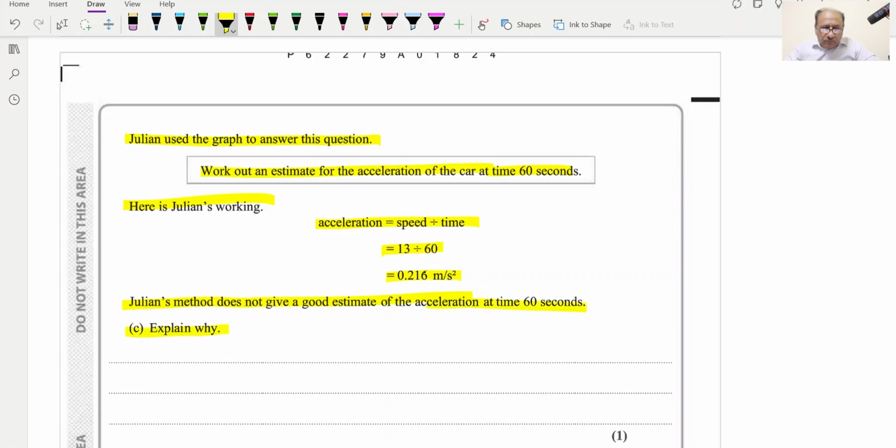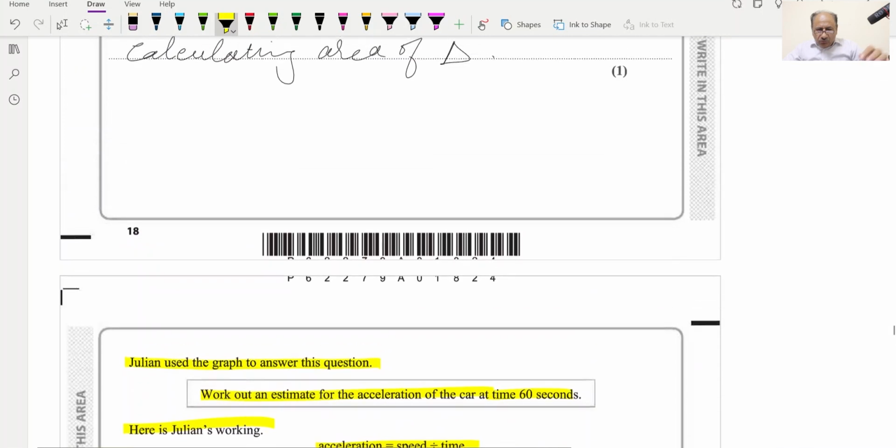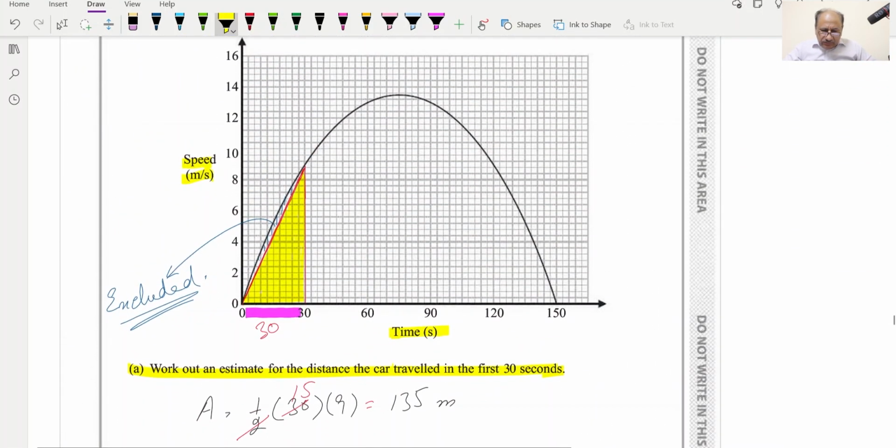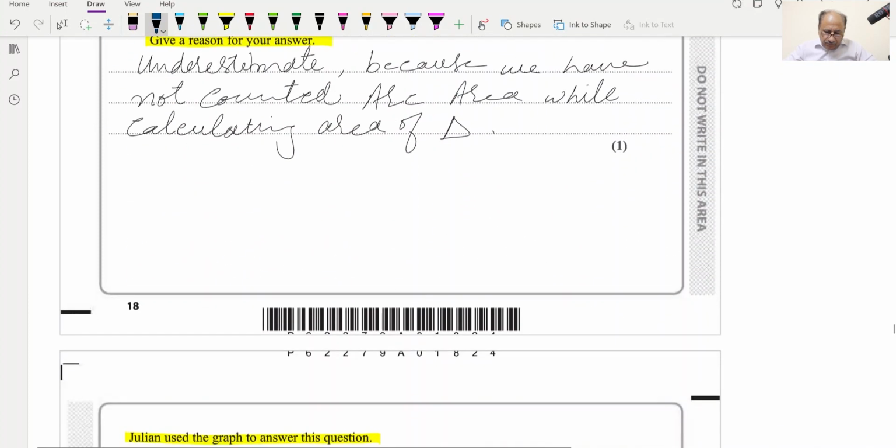Explain why. In case of a graph, if we want to find our acceleration at 60 seconds, we will go to this 60 seconds and draw the tangent, and we will find the gradient or slope of this tangent. This is the method for this one. So we have to draw the tangent at 60.